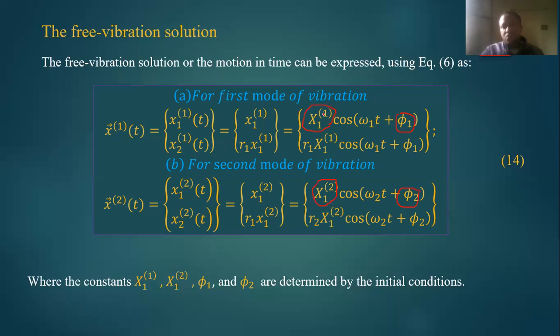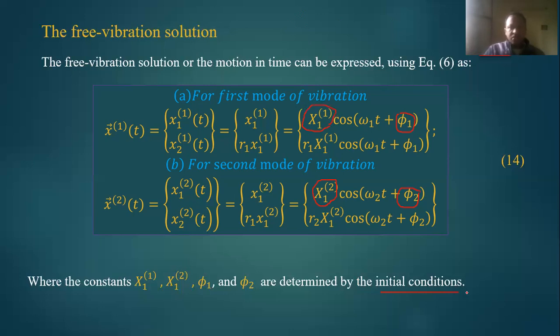X1 of the first mode, phi 1 means the phase difference in the first mode. X1, the maximum amplitude of vibration in the second mode, phi 2, the phase difference in the second mode. These are unknown, so we have to determine them using initial conditions.